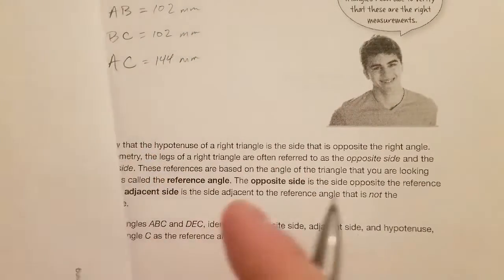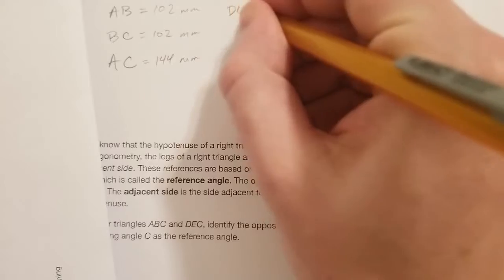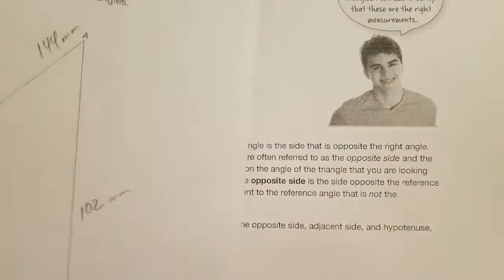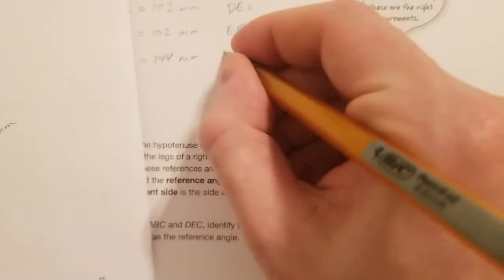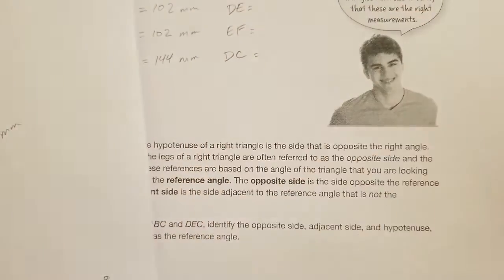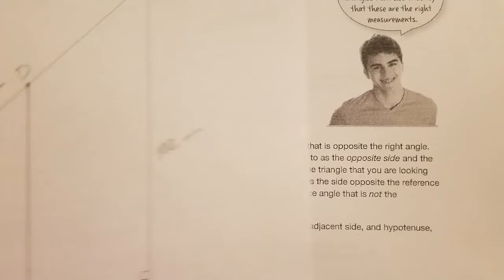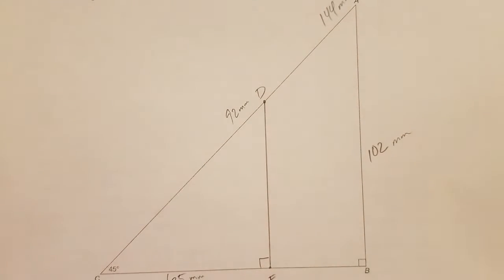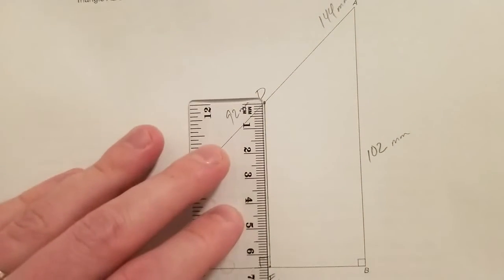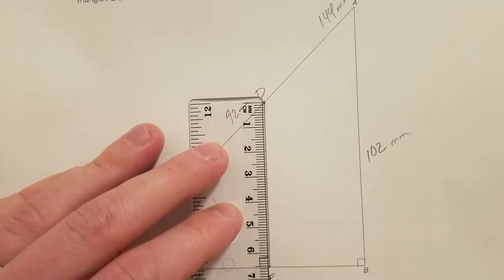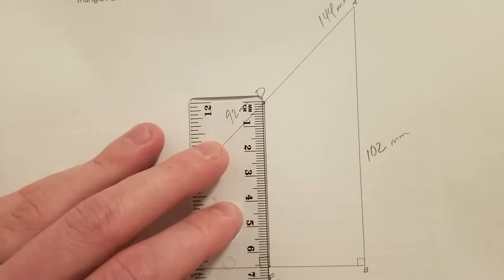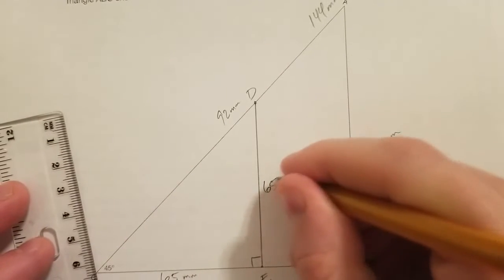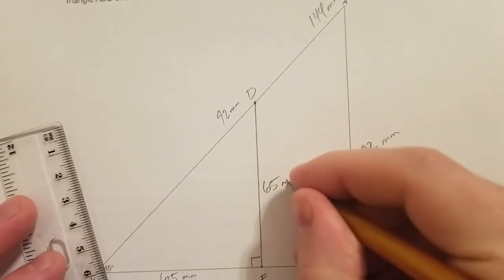And then when I drew my other triangle, DEC, I've got DE, EC, and DC. So DE, oh shoot, I didn't measure DE. Let's get DE. DE I got is also 65. That makes sense because it's a 45, 45, 90 right triangle, so those should be the same.